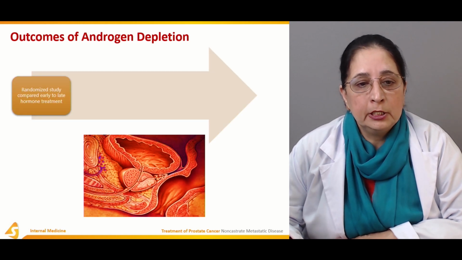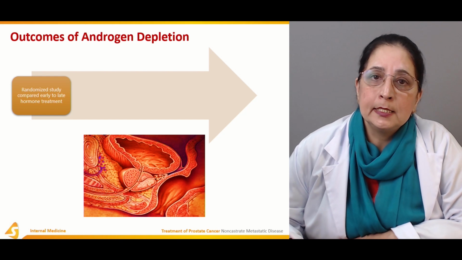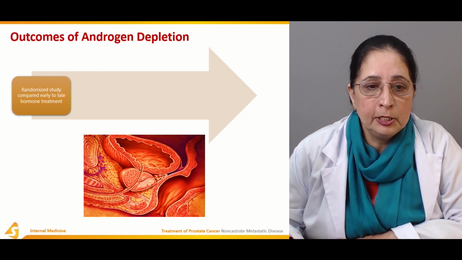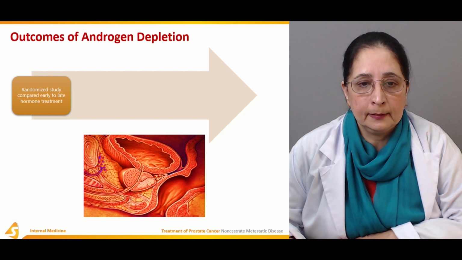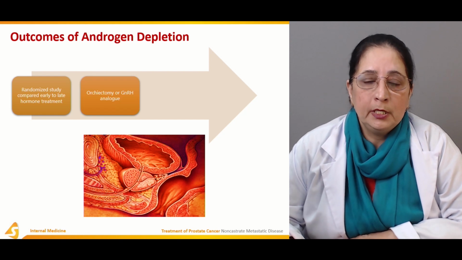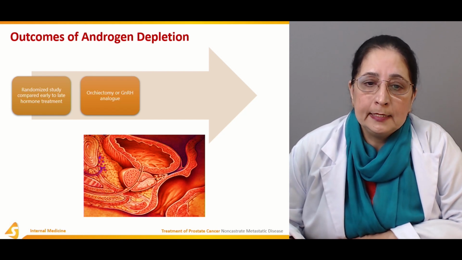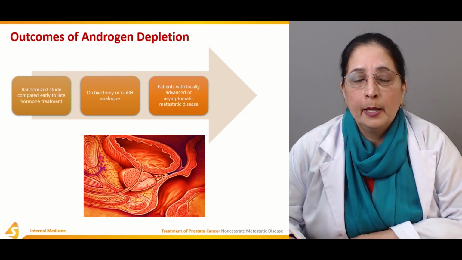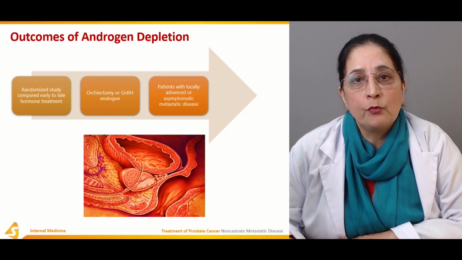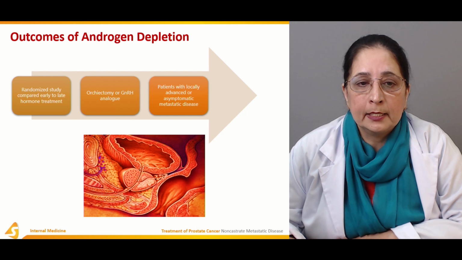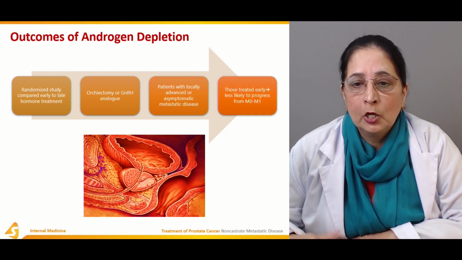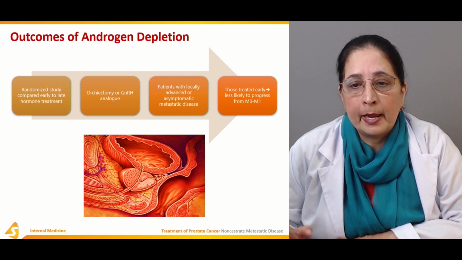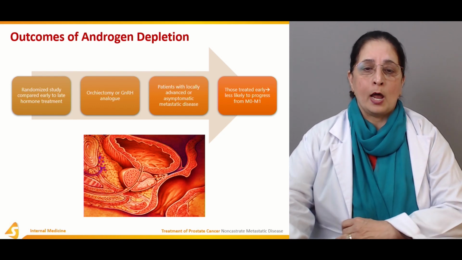Outcome of androgen depletion: a randomized study compared early to late hormone treatment, orchiectomy or gonadotropin releasing hormone analog, in patients with locally advanced or asymptomatic metastatic disease. Those treated early were less likely to progress from M0 to M1.